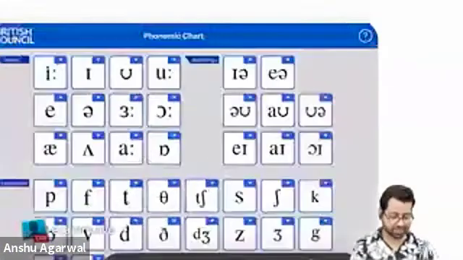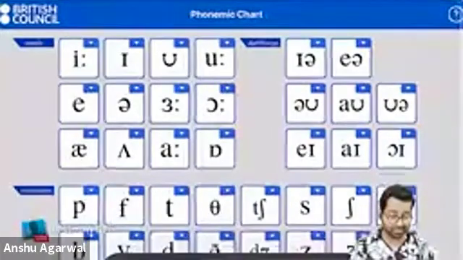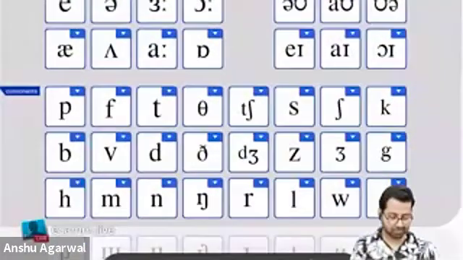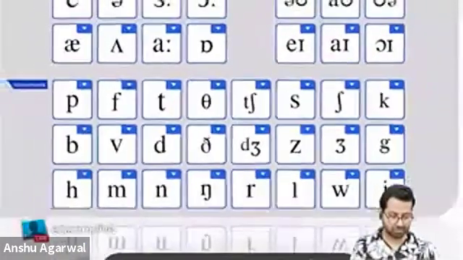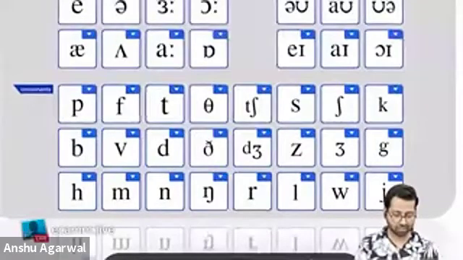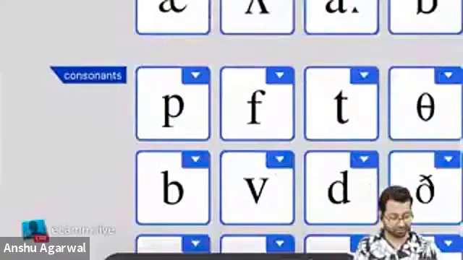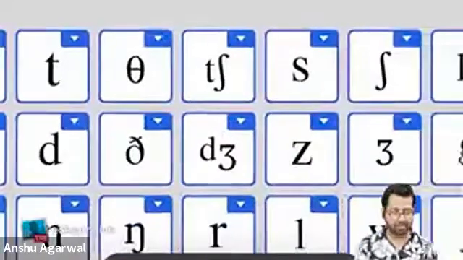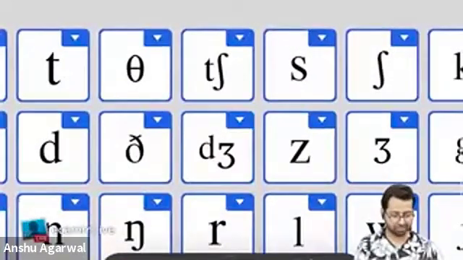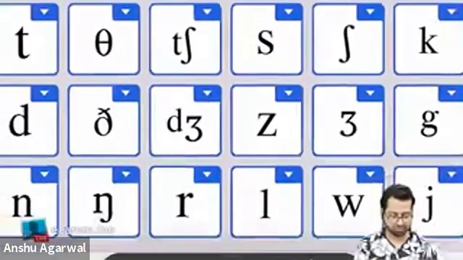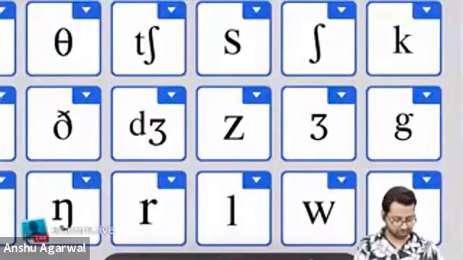So that is about vowels, right? Now let's talk about the second group, that is consonants. Similarly, consonants are also sounds, not alphabets. You can see there are some different symbols, which sometimes look like English, sometimes not so much.